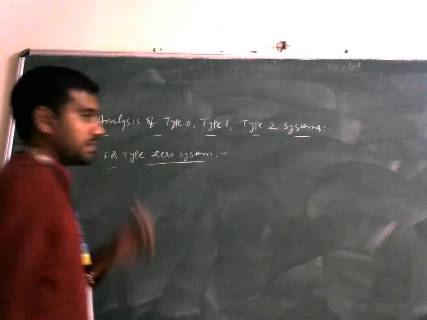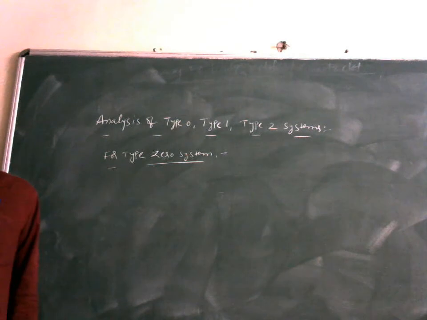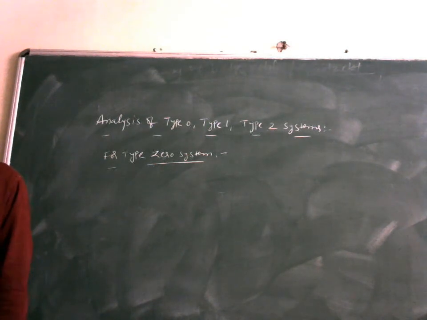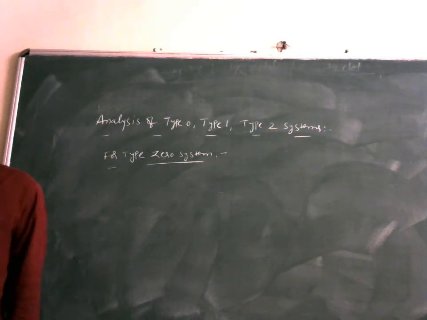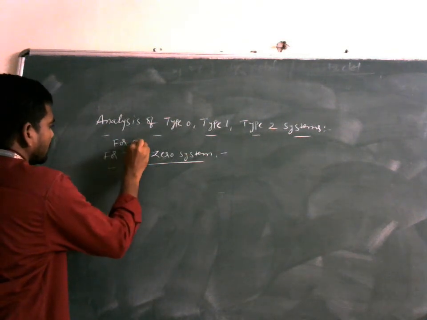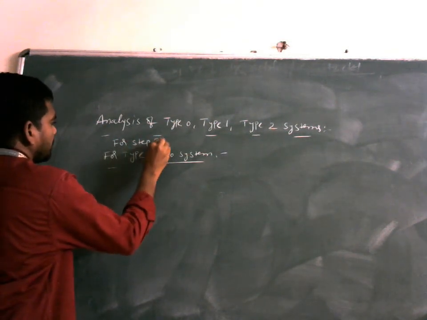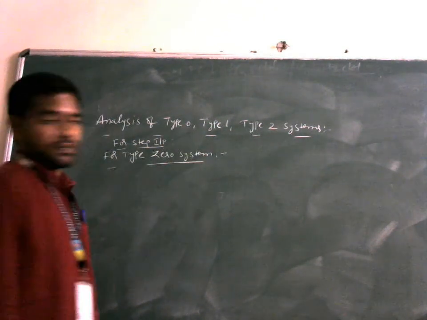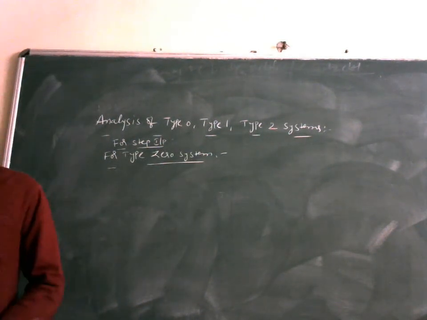Type 0 means the number of poles at the origin is 0. First we need to consider step input for the type 0 system.